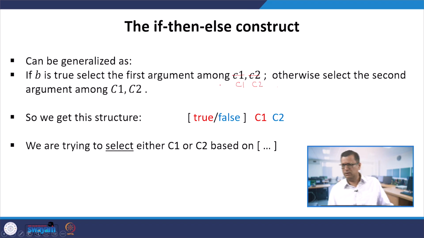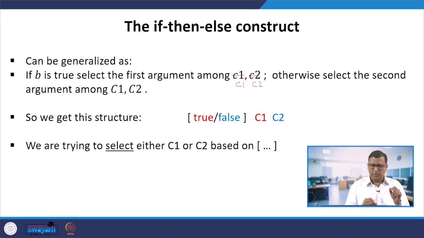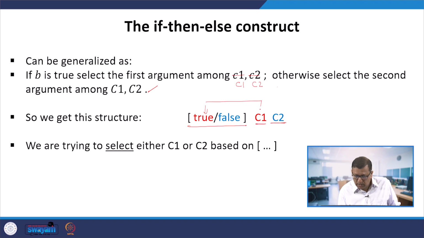Now B is taking on a value true, and you have two arguments C1, C2, and already we have passed the values for lowercase c1, c2. So then we are selecting depending on the truth. B is true, we select the first argument, otherwise we select the second argument. So, we get a structure like true oblique false, then we have C1, C2. If it is true, we are going to select C1, if it is false, we are going to take C2. So, our problem then reduces to selecting either C1, C2 based on the truth of B, true and false.